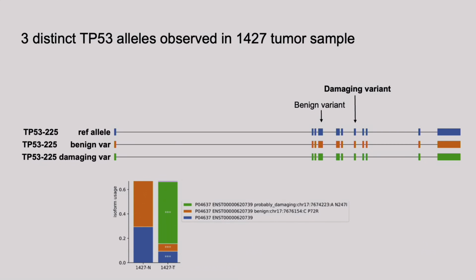But in the tumor sample, we see the reference allele, the benign variant, as well as a biased expression towards the damaging variant. And this likely is an example of potential somatic variation in our cells, so the damaging variant is not in all of the cells that were sequenced in this bulk sample.